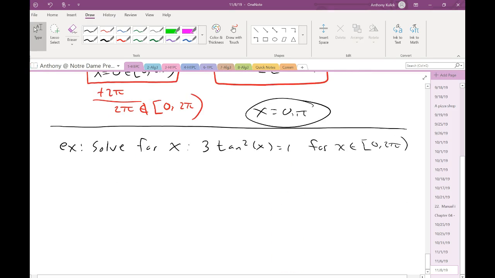Everybody's okay here? So we're going to solve for x. 3 times tangent squared x equals 1. And the answers we're looking for are between 0 and 2 pi. So what should we do first on this one?